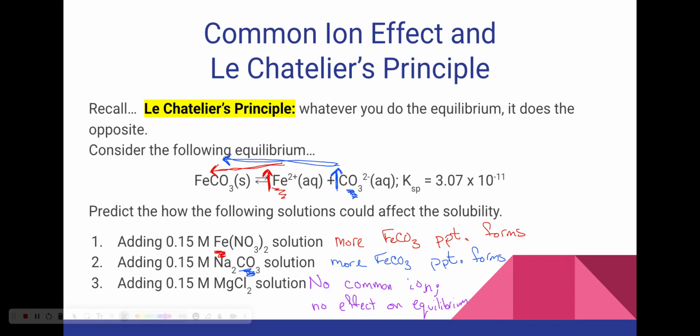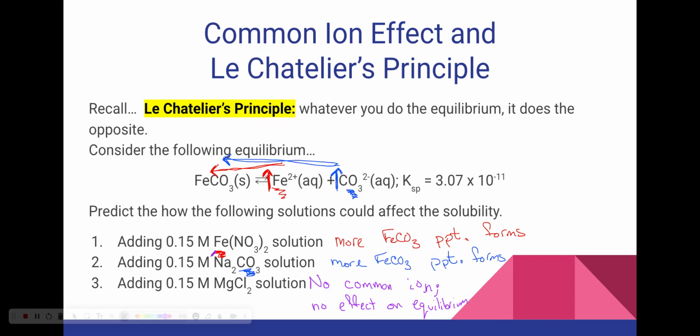Just remember, by adding a solution that contains the same ion as what's established in that equilibrium, you're increasing the concentration of it. Well, if we increase the concentration of a product, we know that the equilibrium is shifting back to the reactants. And if we shift back to the reactants, more of our precipitate is going to form as a result of that common ion. So again, you don't need to memorize anything more about the common ion effect. Just apply Le Chatelier's principle. That's all I'm asking you to do.